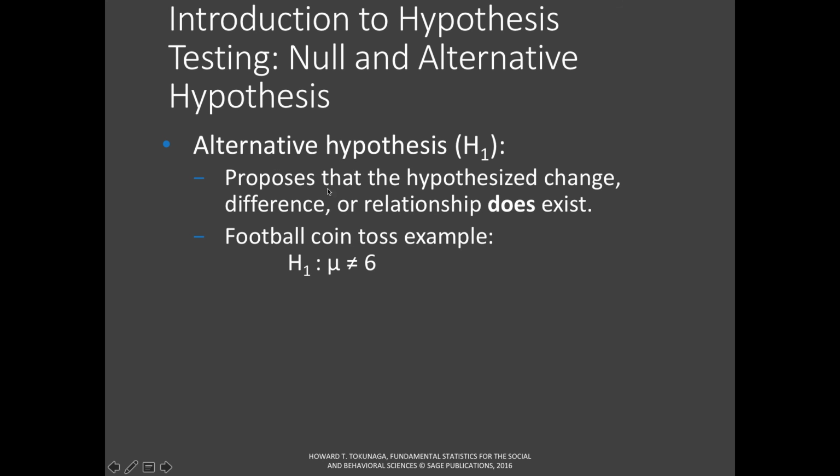The alternative hypothesis says that there will be some difference between it landing on heads and landing on tails. So that 6 of the times it will not land on heads and 6 of the times it will not land on tails. Probably some other proportion, like 3 and 9 or something like that.